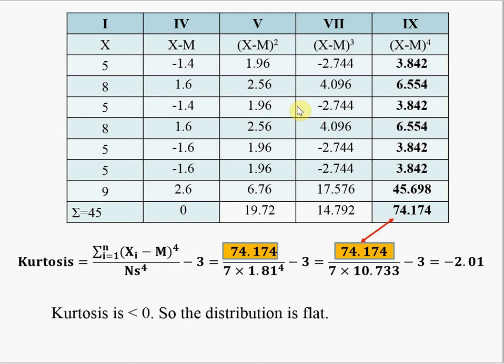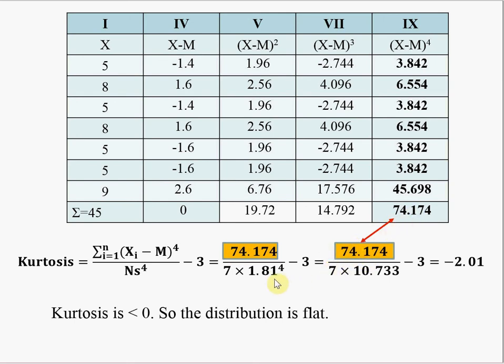Okay. Now let's practice calculating kurtosis here. Same formula, same data set, the deviation raised to the fourth power for every single observation. Then you find the sum right here. This is the formula. On the top is where the sum goes.